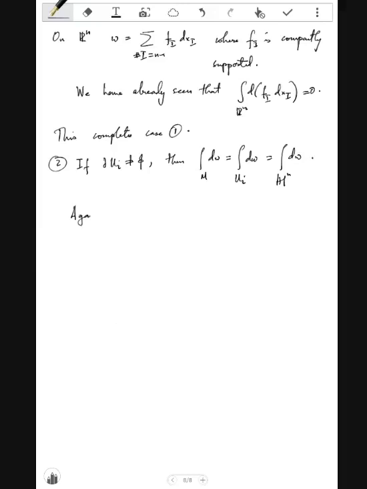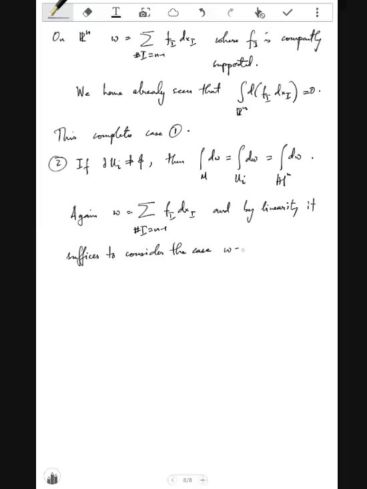So again, omega is equal to sum over cardinality of I equal to n minus 1 of f sub I dxI, and by linearity it suffices to consider the case omega is equal to f_I dxI.